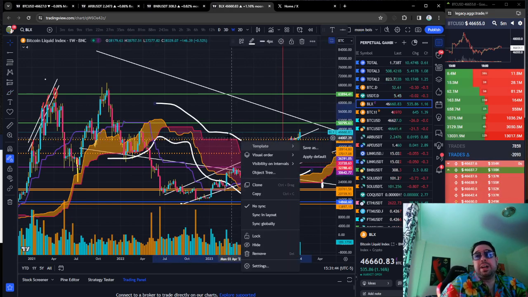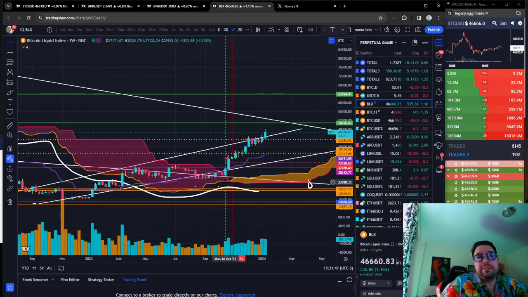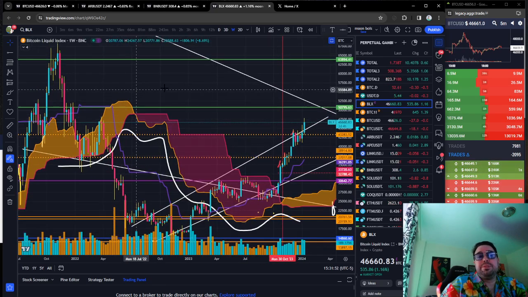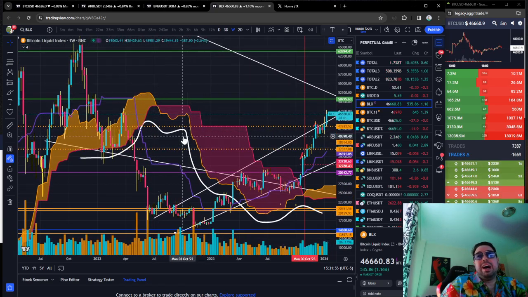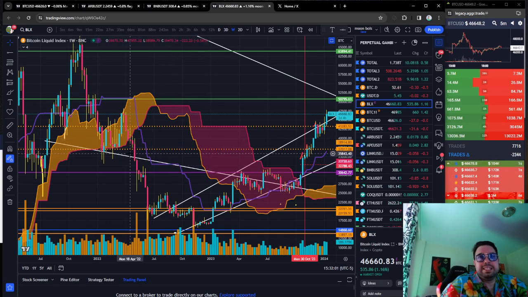You should expect volatility. We're going to explain a little bit more about being inside the Ichimoku Cloud and what happens when you move through it. But in general, when you're in the middle or within it, you're going to see volatility.